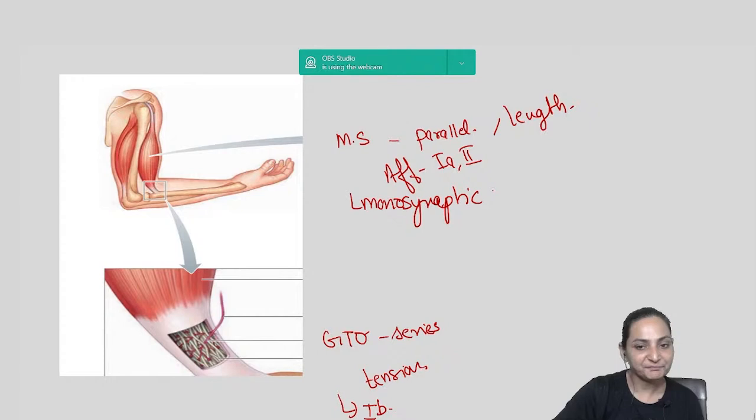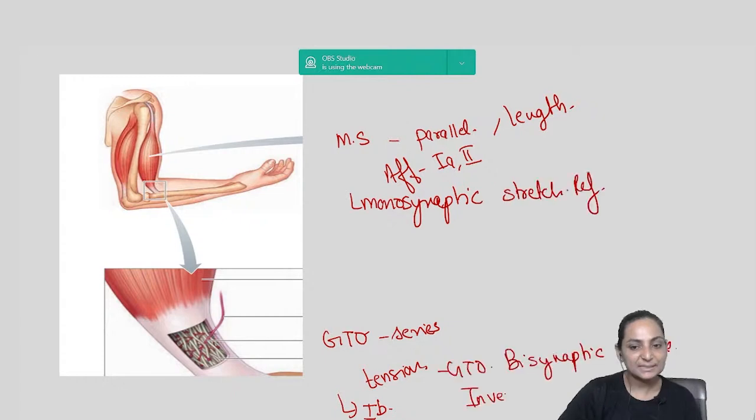It is a bisynaptic reflex because it is using an interneuron. It is also called the inverse stretch reflex. So this is an important differentiating point between the two proprioceptors which are present in the muscle.